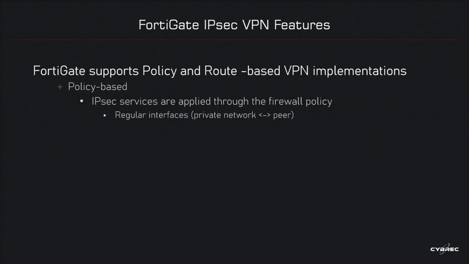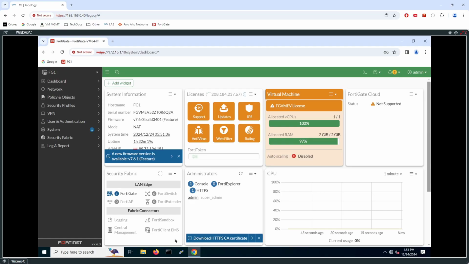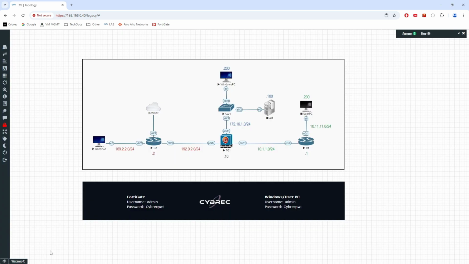If we take a look at this in our network, if we were to deploy a policy-based VPN, we would configure our firewall policy with a source interface set to, in this case, port 1, assuming that we wanted to establish a tunnel with a device reachable via the internet. The destination interface would be set to port 2 towards the peer.